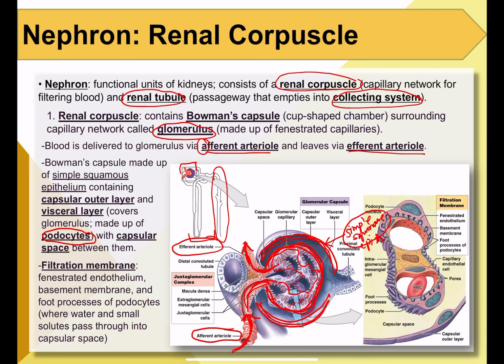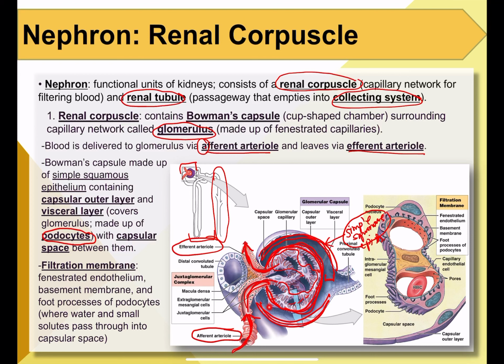Okay, so between the capsular outer layer and the visceral layer is what's called the capsular space right here. So this space between the glomerulus and the outer capsular layer is called the capsular space.